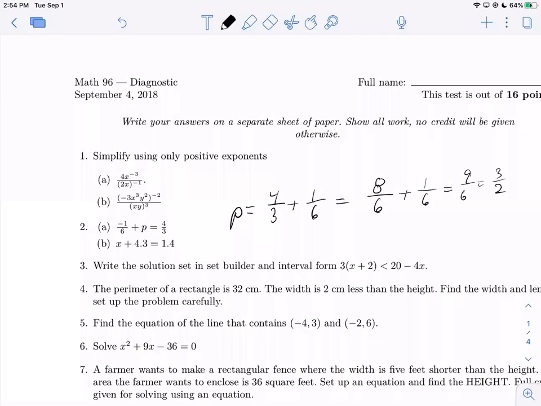And here, just being careful, 1.4 minus 4.3. You guys will hear me say this a lot. I also hate decimals. So do you know what my trick is for working with decimals? Just get rid of them. What's 14 minus 43?